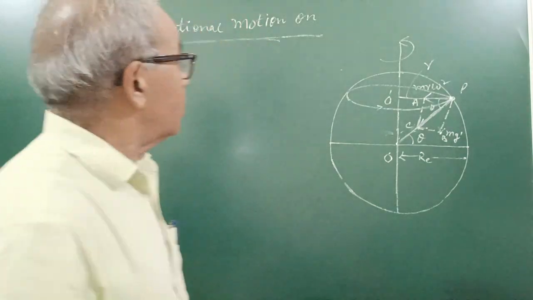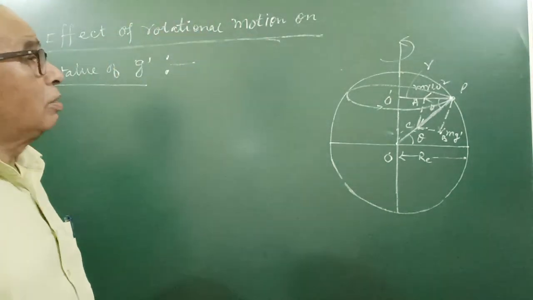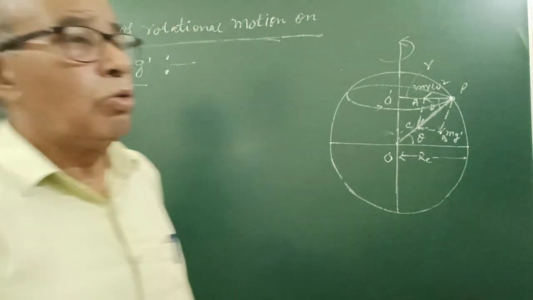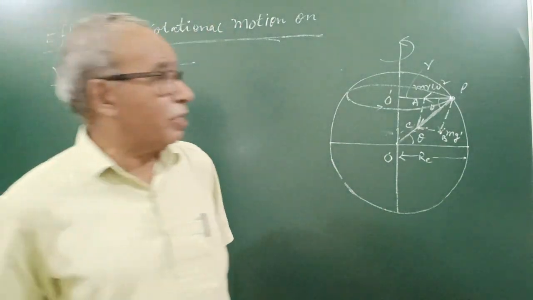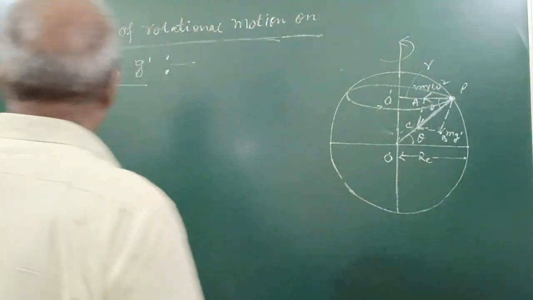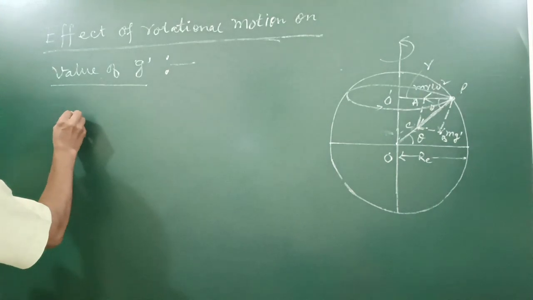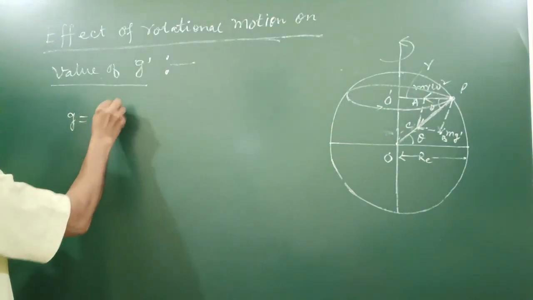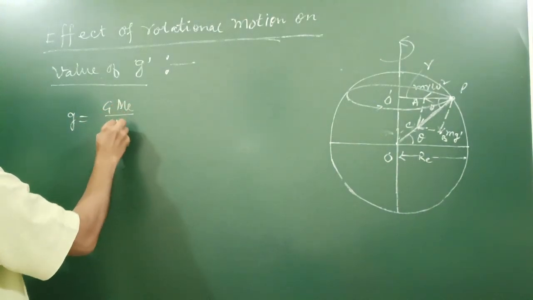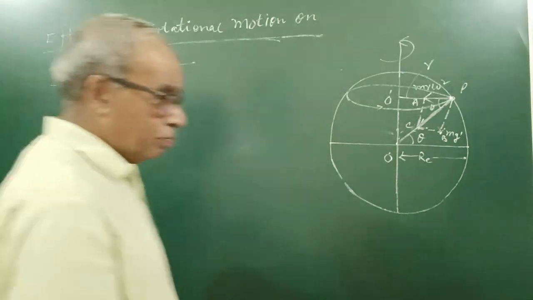Class 11, gravitation chapter. I told you the value of g on a surface in the last video, and I told you that g equals GM_e upon R square.